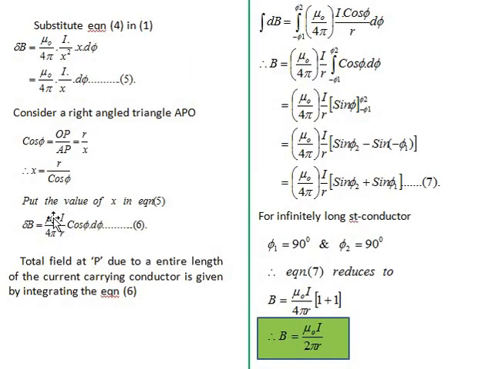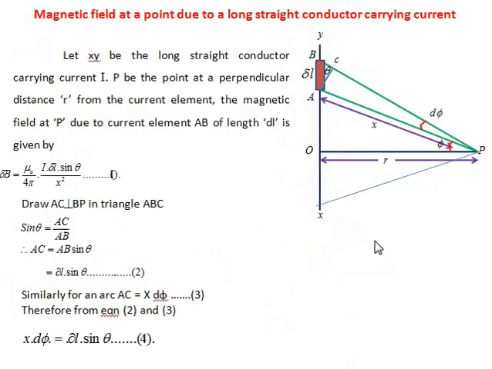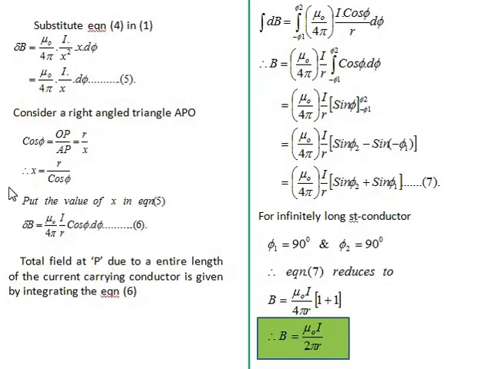So here it becomes equal to R divided by X. Therefore X is equal to R divided by cos phi. Put the value of X in equation 5, we get dB is equal to mu naught by 4 pi I divided by R into cos phi d phi. Call this equation number 6.